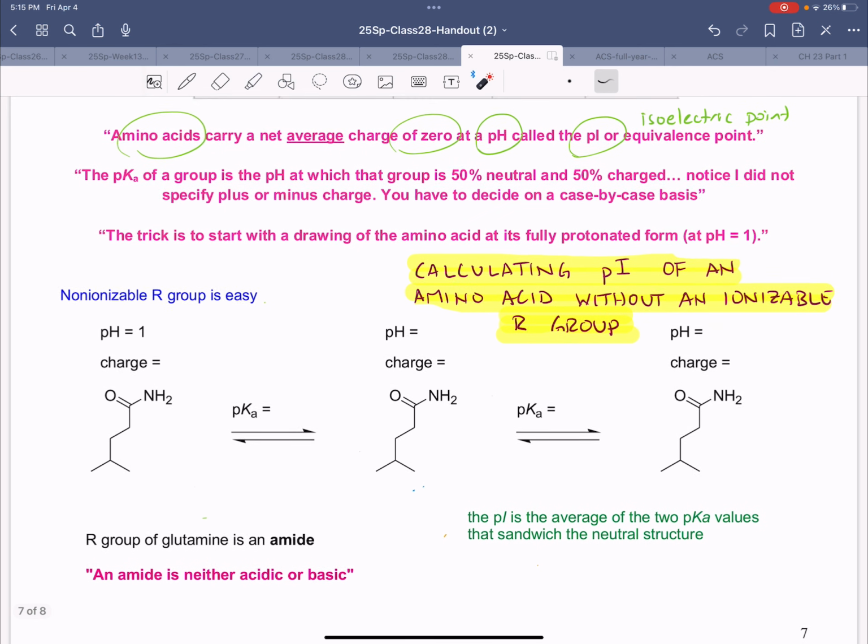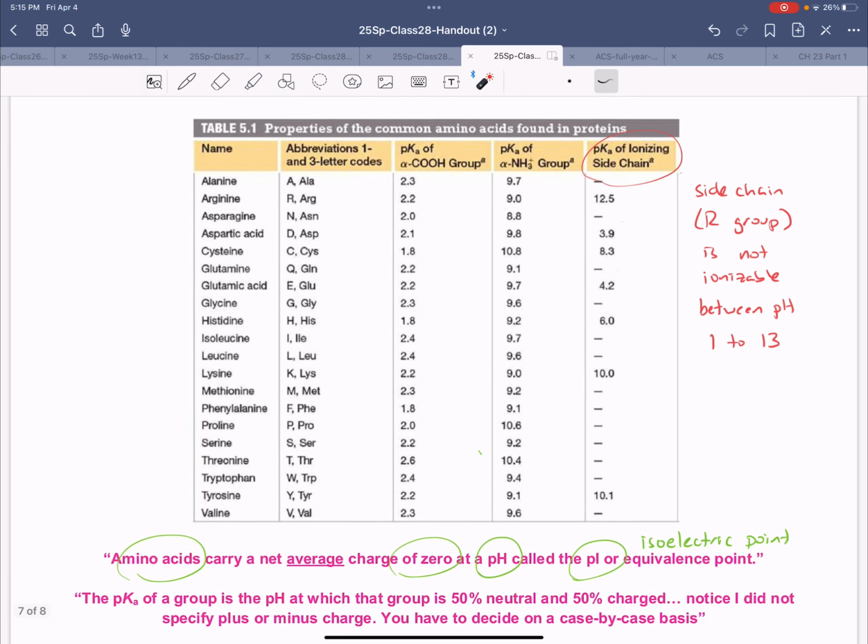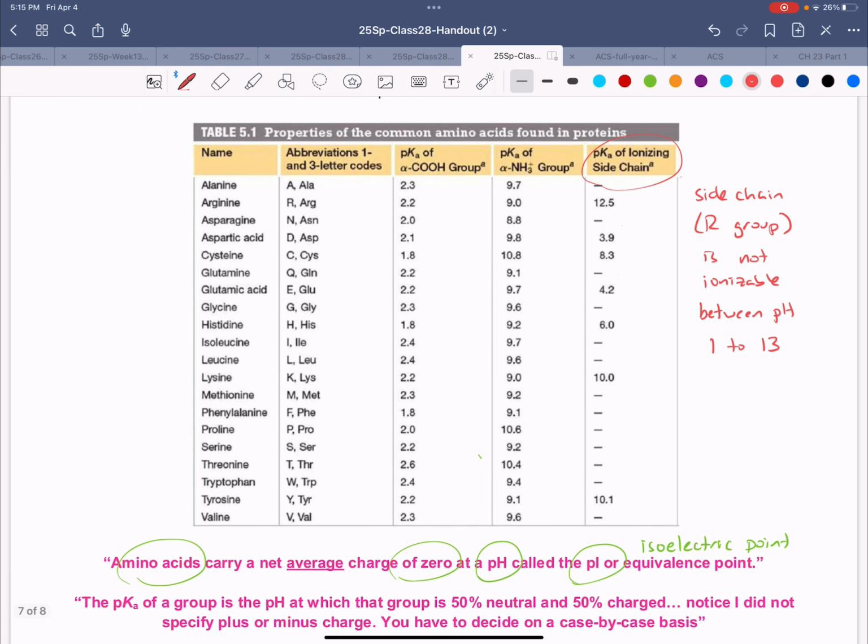We're going to go very simply with an amino acid that only has 2 pKa's. Now, the 2 pKa's are these two. We're going to look at glutamine here. We have a 2.2 and a 9.1. We have to know what that means when I say the pKa of this group is 2.2 and the pKa for this group is 9.1.